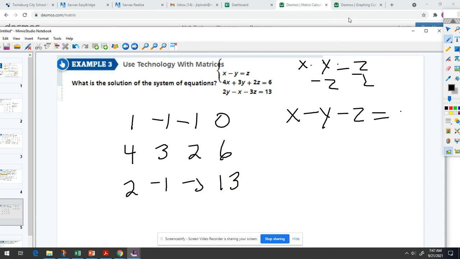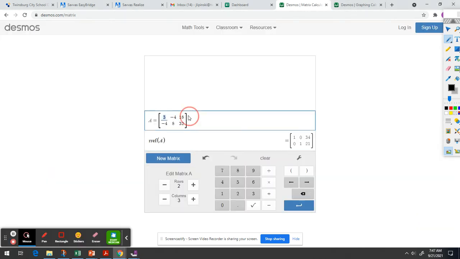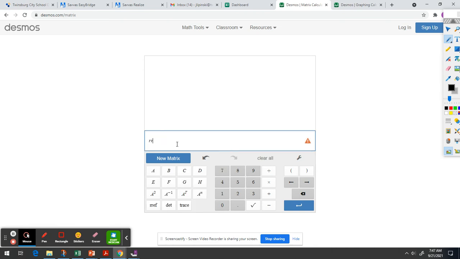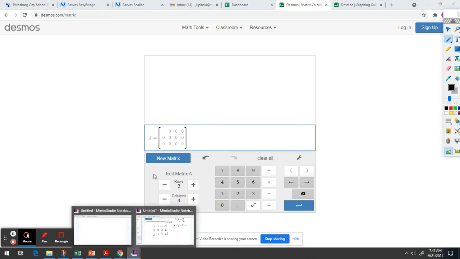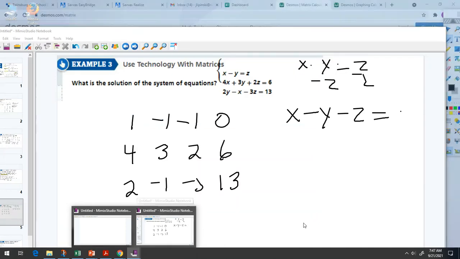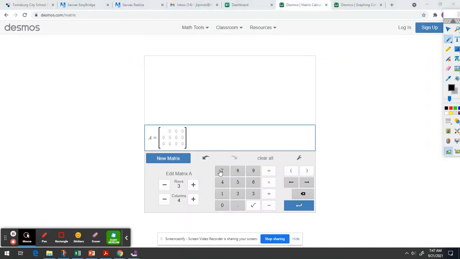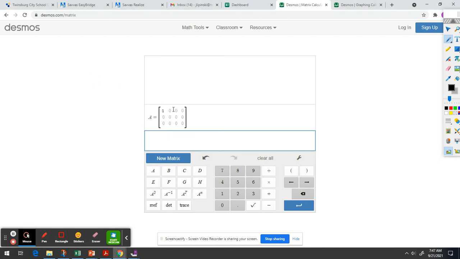And then I would go to my Desmos matrix calculator. Now this is a different size, right? So I'm going to enter in a new matrix, and this was 3 rows by 4 columns. I'm going to enter in every single one of these values. So I'm going to enter in 1, -1, -1, 0.